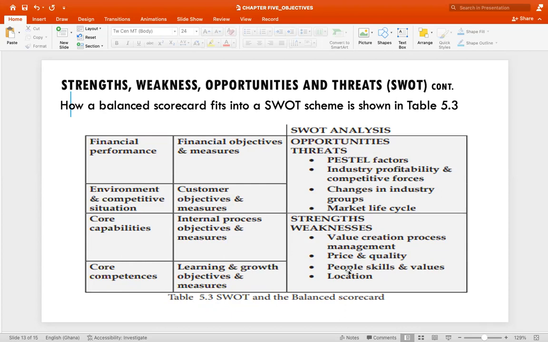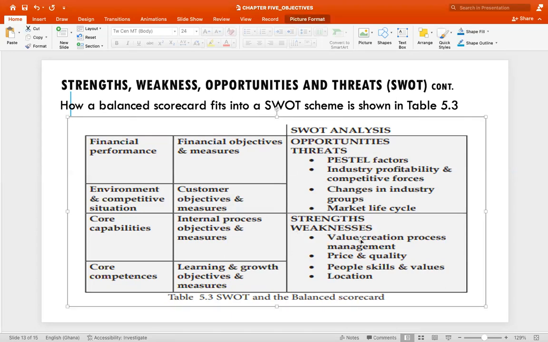You'll be able to improve their people's skills and knowledge. Okay. You'll know where to locate your business, and that can serve as a source of strength. All right. So this learning and growth thing will bring about core competencies. When they improve upon their core competencies, internal processes will improve, and that will increase the core capabilities of the organization. And this learning and growth will improve because all of these things here and internal process here will then be catered for and done well.